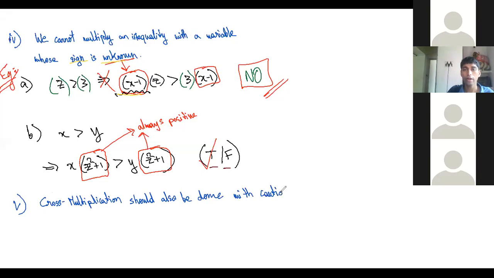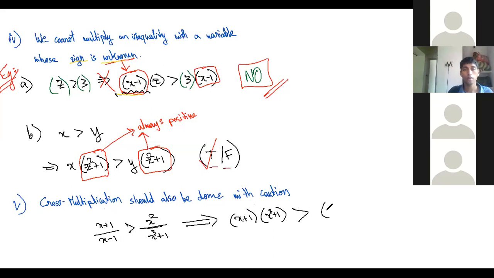I'm writing this point in a different way, in the sense that it can be true, it can be false also. Why am I writing it in this way? Because, see, let us say you have (x plus 1) by (x minus 1) is greater than x square by (x cube plus 1). From here, generally students have the tendency to write like this. But what I'm saying is, this is not necessarily true.